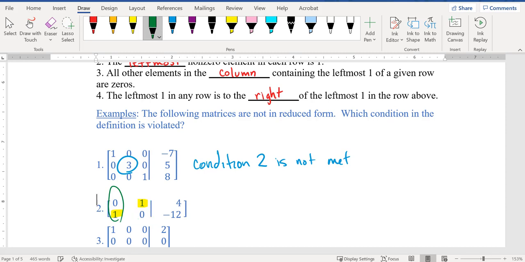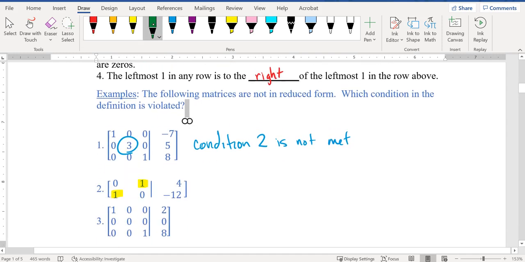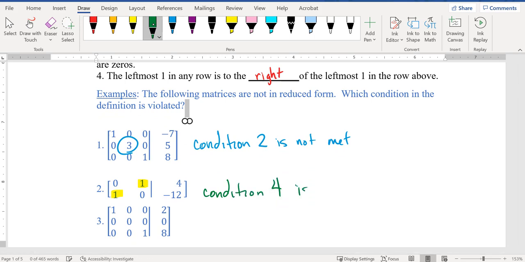Condition 4, the leftmost one in any row is to the right of the leftmost one in the row above it. In other words, the ones have to go down a diagonal like that. You can see that that condition is violated. So on example number 2, condition 4 is not met, meaning those ones aren't going down the diagonal this way.